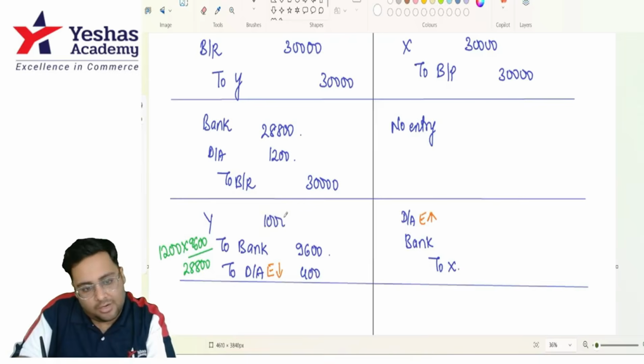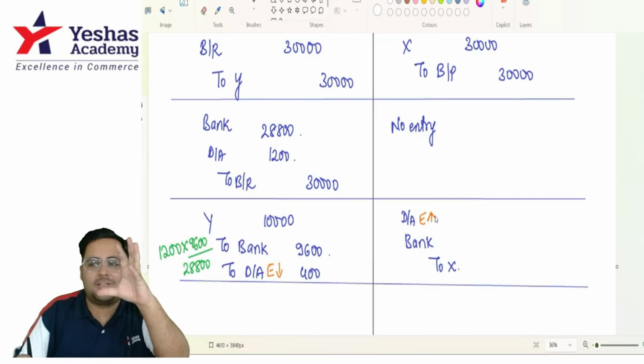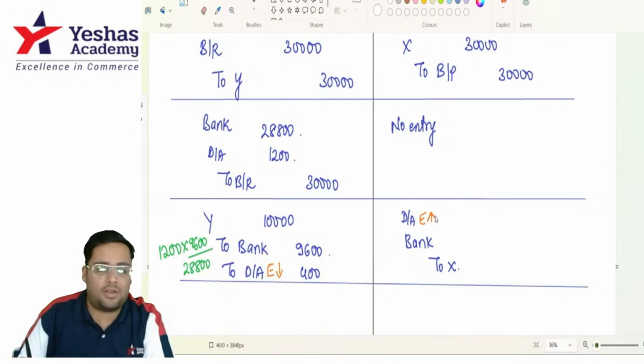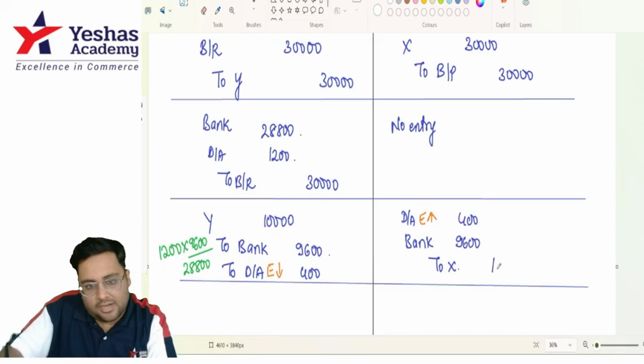What's the original amount? 10,000. What's the 10,000? 30,000 into 1 by 3. 30,000 is the total value. 1 by 3, 10,000 for Y, and remaining 20,000 remained with X. So this is 400, 9,600 and 10,000.